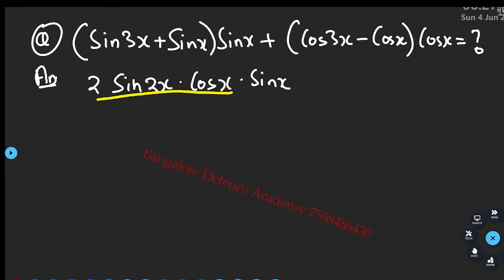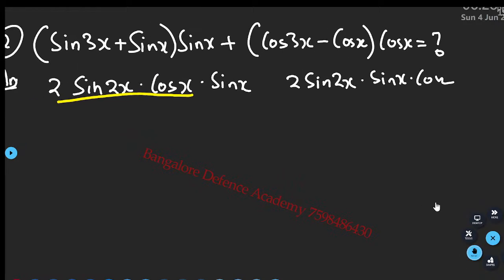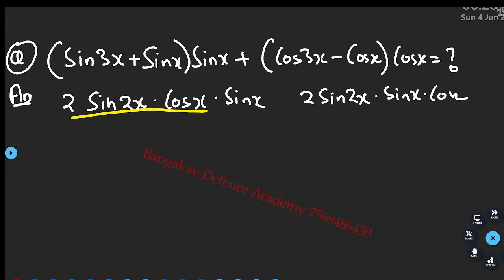Okay, next you tell me what happens here. Cos 3x minus cos x, cos c minus cos d, 2 sin into cos x. You don't get a negative sign here? No, no, you will get a negative sign. Here it will be minus 2, no?